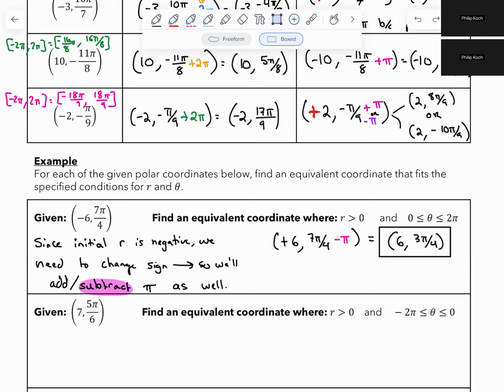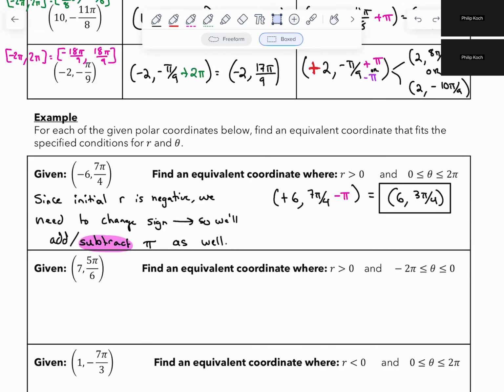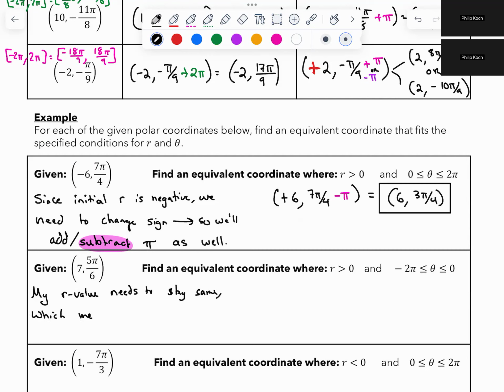For this one, my r value needs to stay the same, which means I have to add or subtract 2 pi to get a coterminal angle.